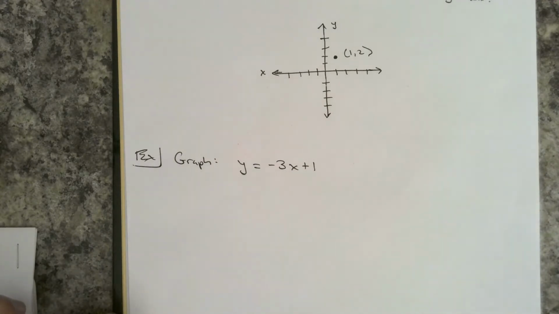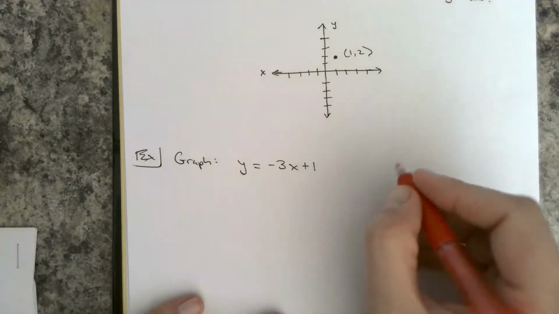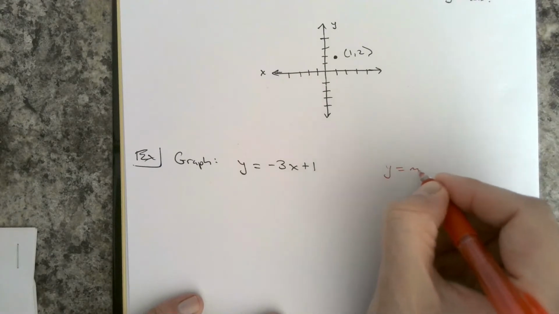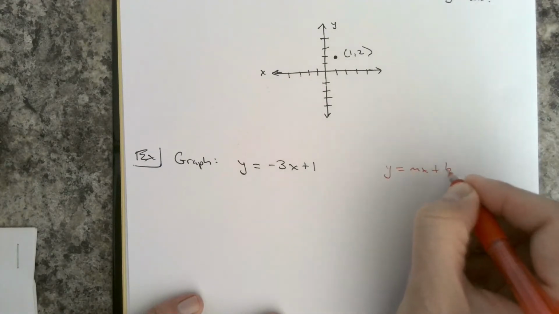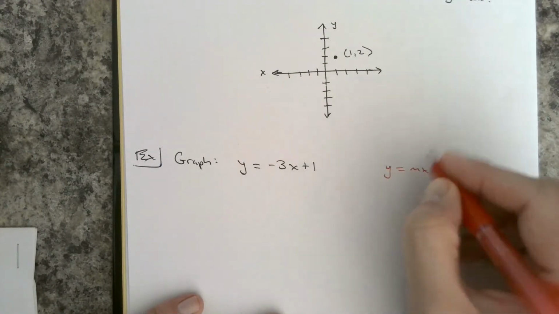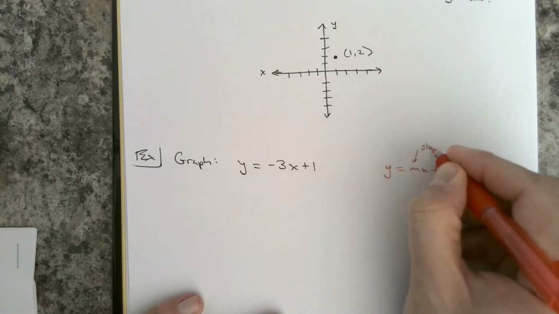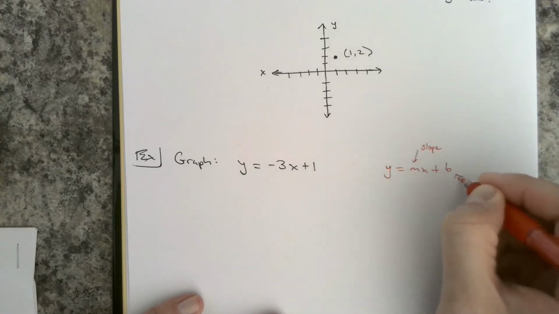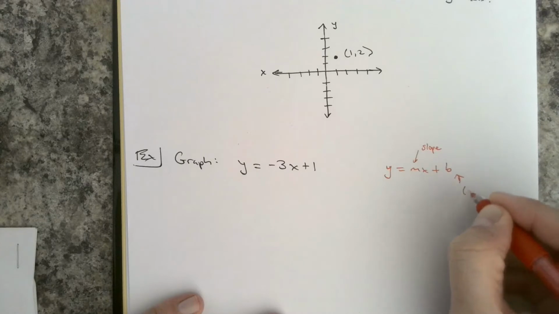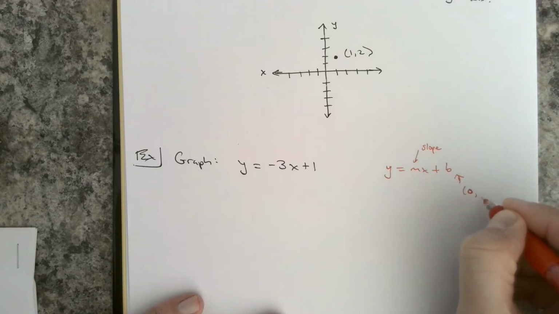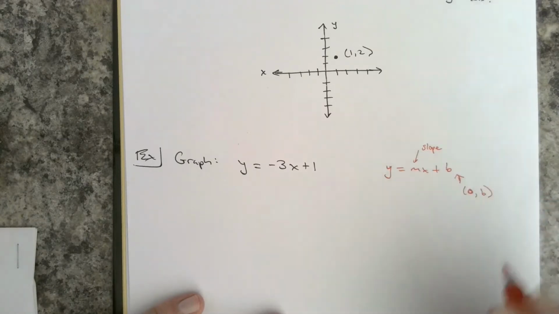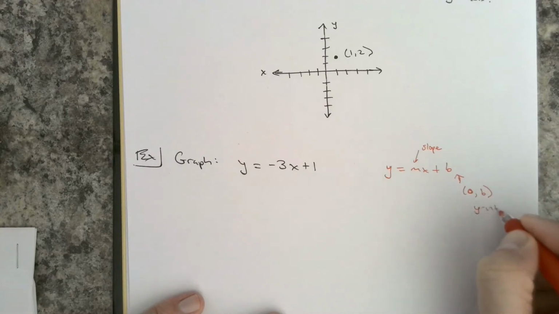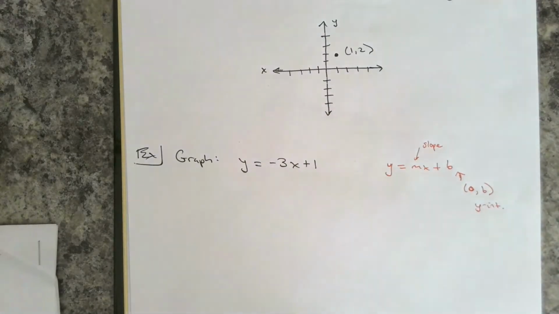When I say y equals mx plus b, you've probably seen it before. The y and the x stay y and x, they stay variables. The m represents the slope. The b is telling you about the y-intercept as a coordinate. Usually we write that as 0, comma, b. Y-intercept meaning where it crosses the y-axis, remember.